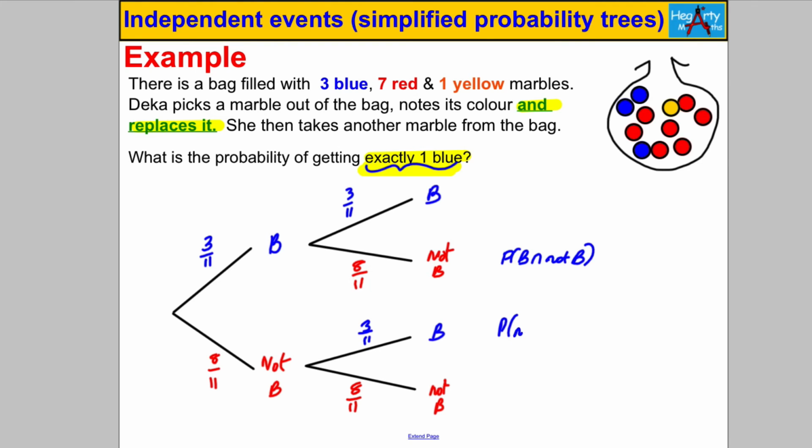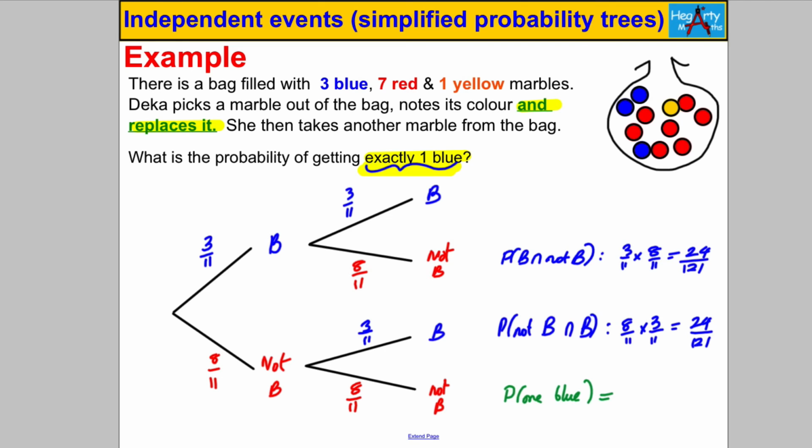So this would be 3/11 multiplied by 8/11, which is equal to 24 out of 121, or it's going to be 8/11 multiplied by 3/11 the other way around, which again is 24 out of 121. Therefore, the probability we're looking for, the probability of 1 blue, is the sum of these two things. 24 add 24 is 48 out of 121, and we're done.